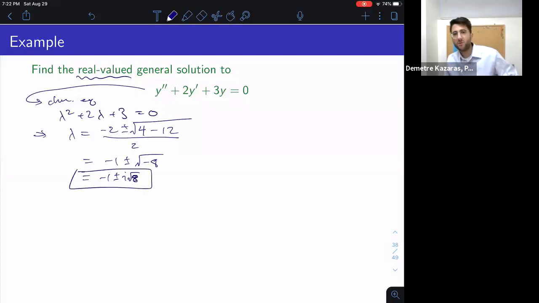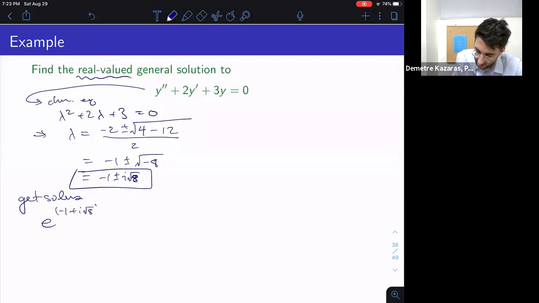So there we go, we get two distinct complex roots. So we get solutions e to the lambda t: e to the (-1 plus i root 8) t, and e to the (-1 minus i root 8) t. Let me rearrange it a little bit.